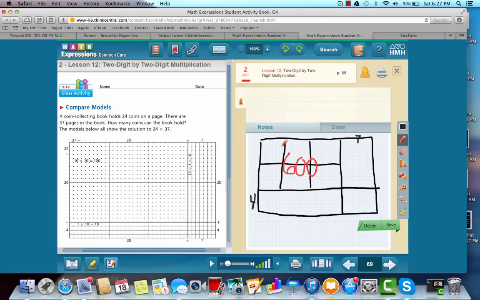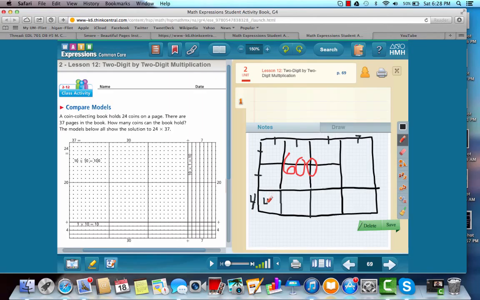But remind yourselves that these are 10s all the way across and 10s all the way down. So when you have 4 times 10, because remember this is broken up into 1, 2, 3 10s, and this is broken up into 1, 2 10s. So this is 3 10s up top, 2 10s on the side.